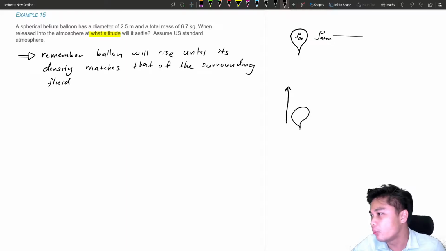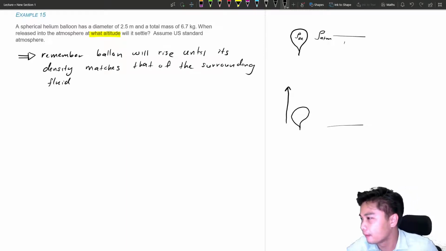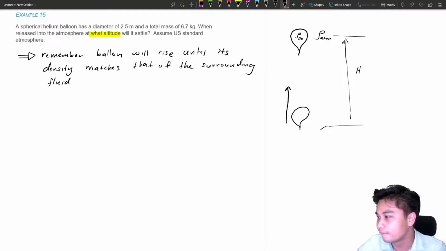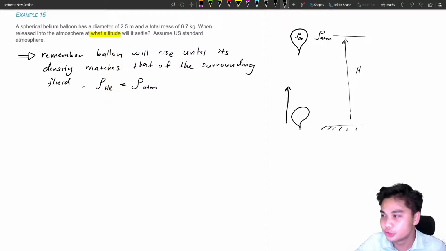So we need to know at what height this balloon will settle down. This is the ground. Definitely, away from the ground there will be lower density of the atmosphere. Once the density of helium equals the density of the atmosphere at a certain elevation, you will get the height.